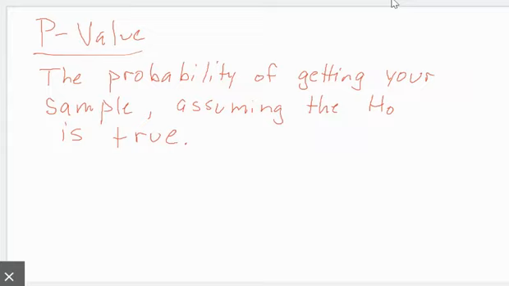The p-value is the probability of getting the sample that you got, assuming that the null hypothesis is true.